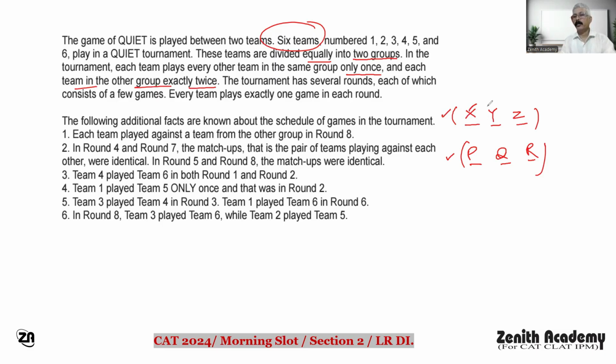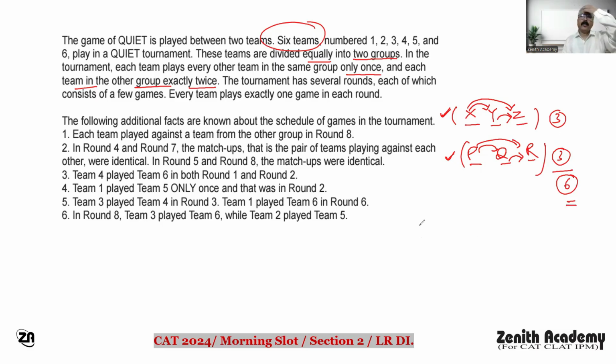So X plays one game with Y, X with Z, and Y with Z. So there are 3 matches in this group, and similarly P with Q, P with R, and Q with R. So 3 matches in this group. So total matches 6 when they are playing in the same group.